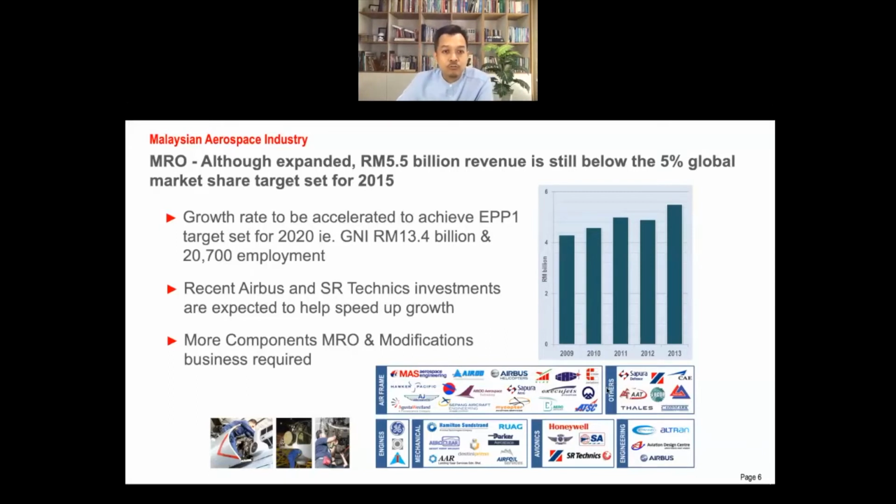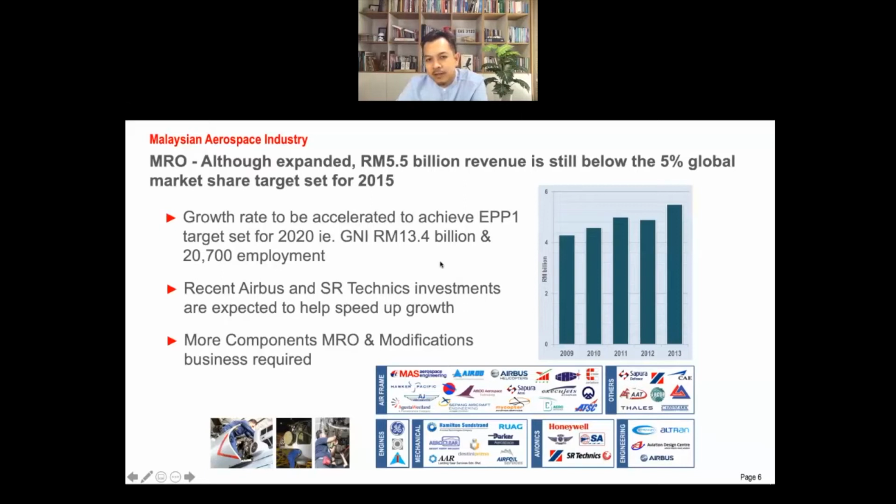So the growth rate has to be accelerated to achieve Entry Point Project 1. EPP stands for Entry Point Project number 1. This falls under the NKRA and NKEA, National Key Economic Areas. So it falls under the ETP, Economic Transformation Program, number 5, which falls under business services.